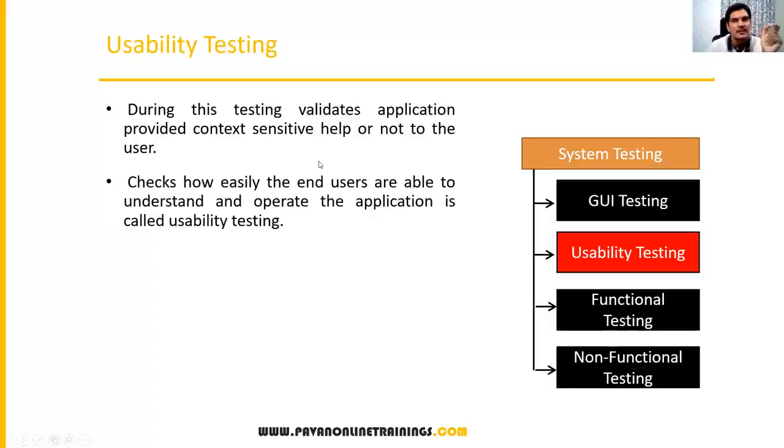During this testing, we validate that the application is providing context sensitive help documents to the user. Normally the help will be part of your application, sometimes in the form of a help menu, and sometimes, if you don't provide a help menu, you will provide user manuals in the form of PDFs. Then the user can read the document and proceed further. So that comes under usability.